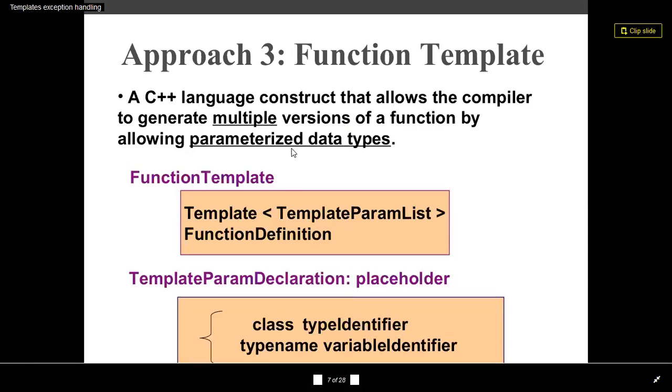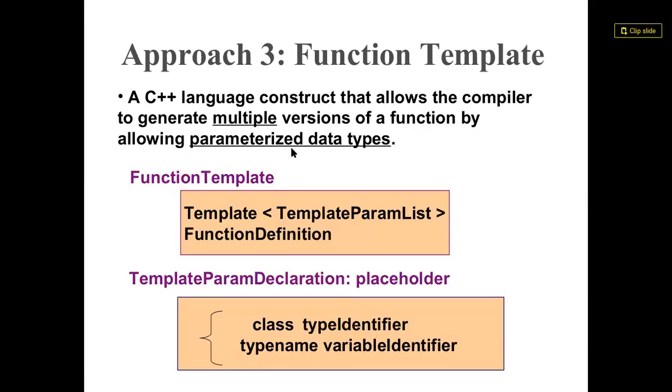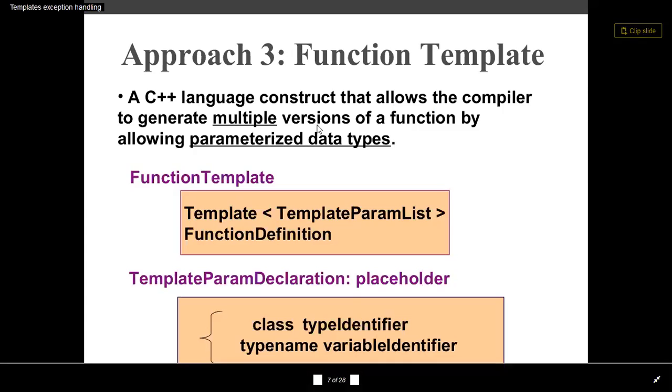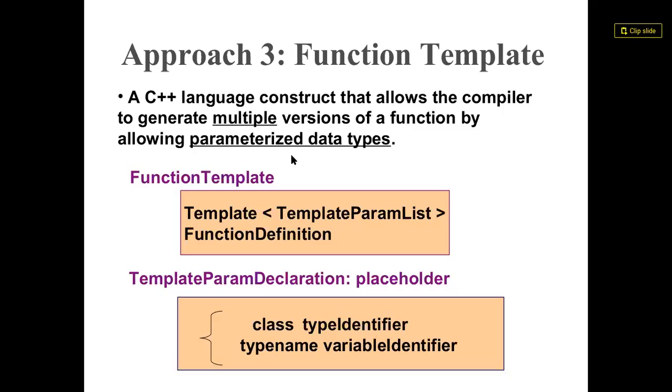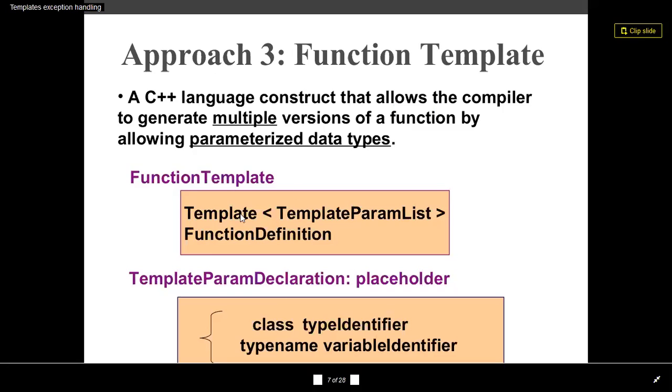Previously, whenever I declared an integer, I could store 5, 6, or 100 in that variable, because it could handle any integer. In the same way, a template is a way to make the data type a variable, so you can operate on any type of data. Now this is the basic definition of a function template, with a template parameter list, and this is called a placeholder.